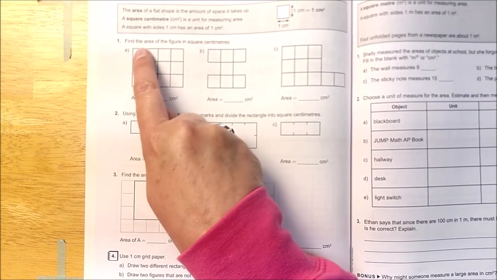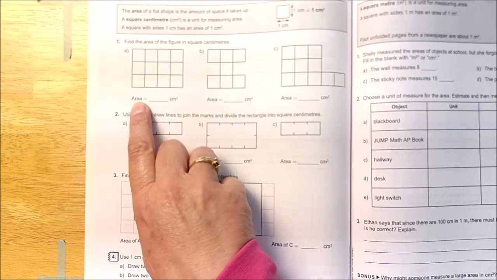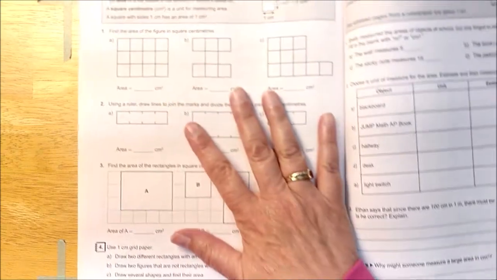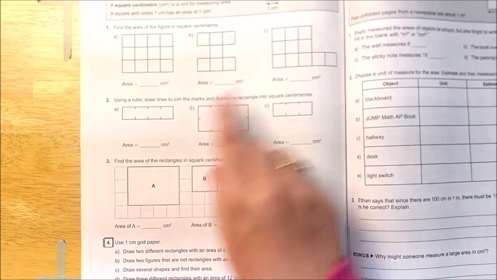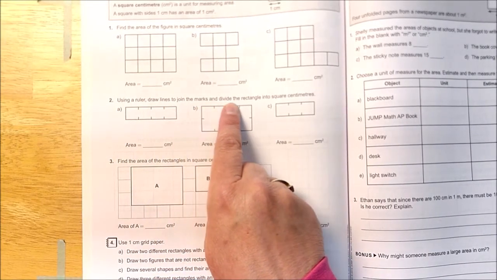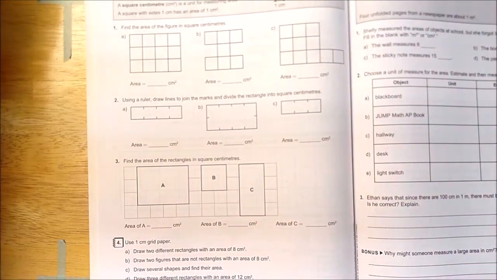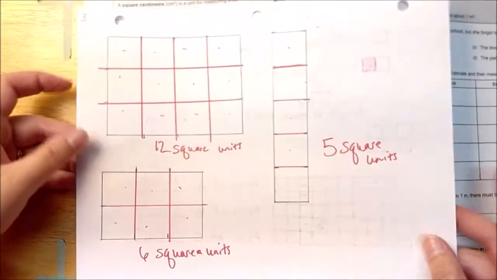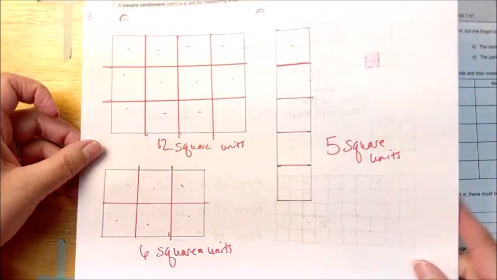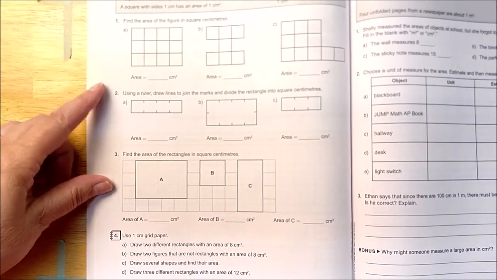So you are going to calculate what is the area, and you're just going to count. Put your answers there. It says, using a ruler, draw lines to join the marks and divide the rectangle into square centimeters. And you watched me do that right here. So you're going to get your ruler and play connecting. And then tell what is the area once you've connected them.